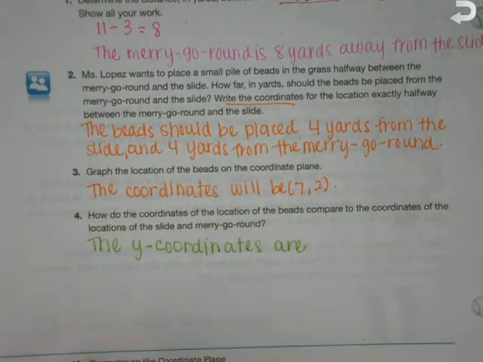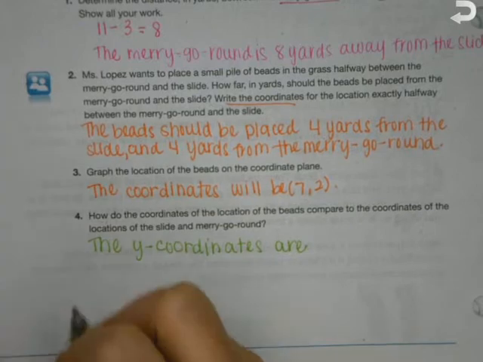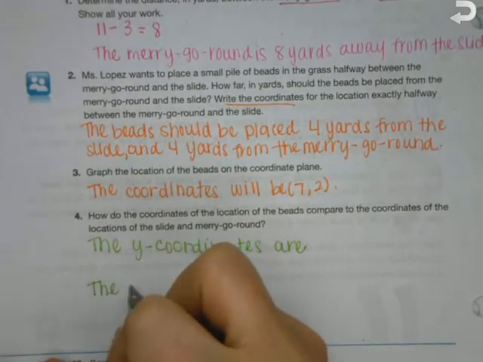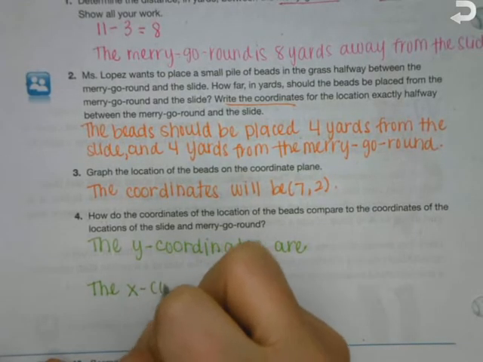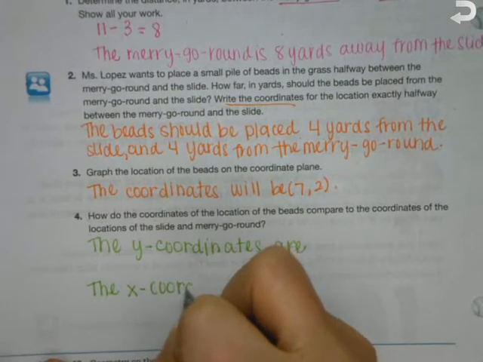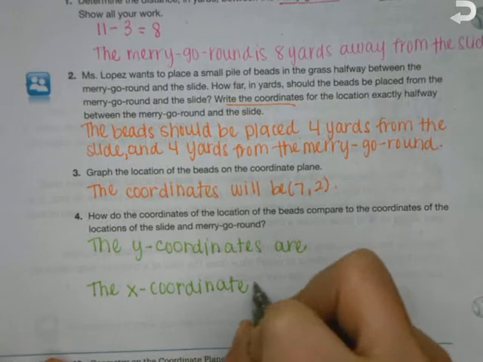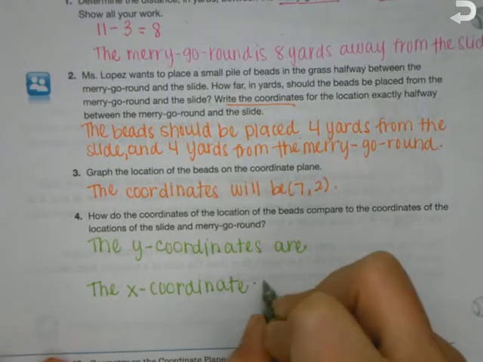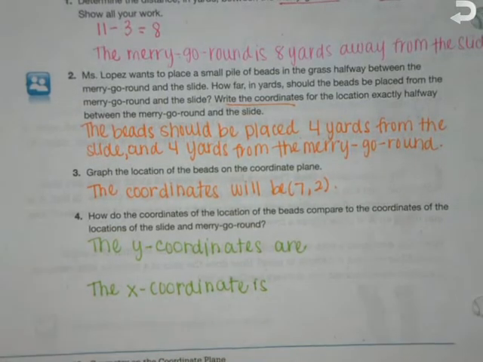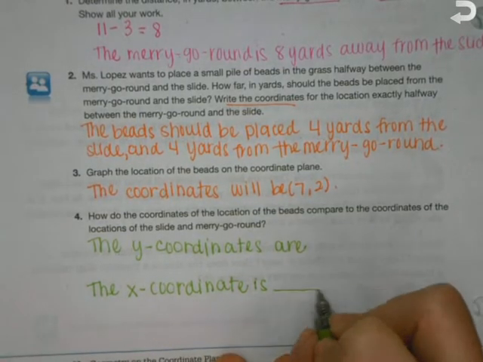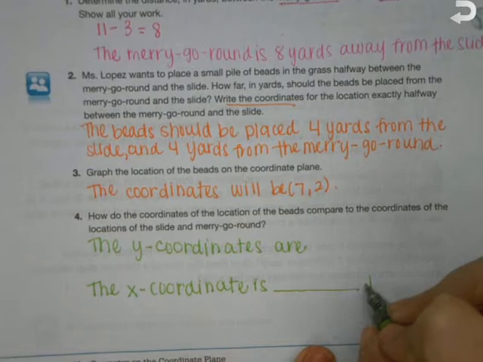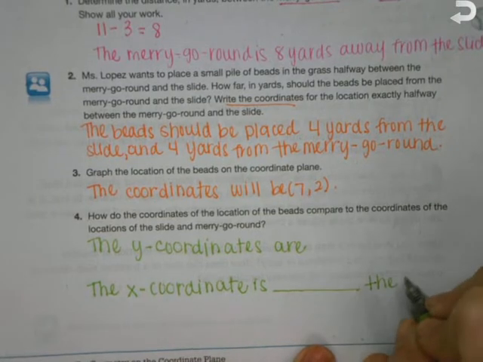And then I also want you to tell me about the x coordinates. So the x coordinate is blank, then the merry-go-round, then the slide, sorry.